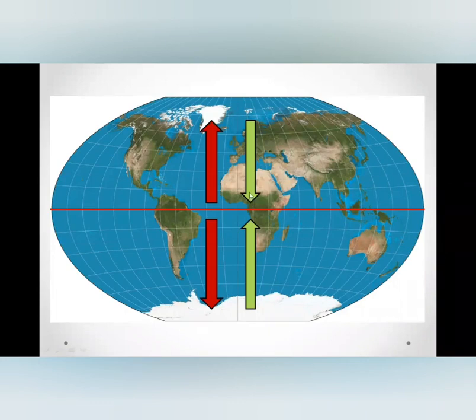Here also the hot water is cooled. The hot water from the equatorial region, the torrid zone, is carried to the frigid zone. That water is hot, and when the water comes from the frigid zone to the torrid zone, that water is cool.